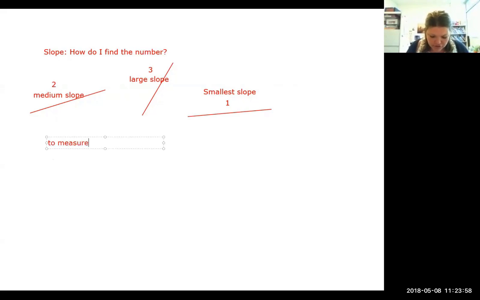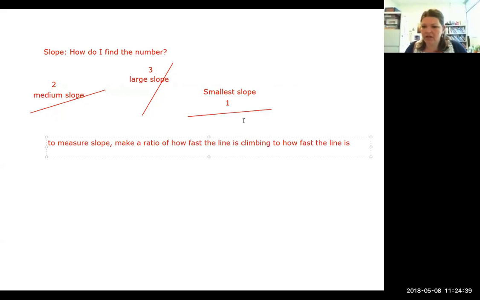To measure slope, make a ratio of how much the line is climbing, like how much it's going up, to how much the line is moving over. So we're making a ratio of how much it's going up to how much it's going over.